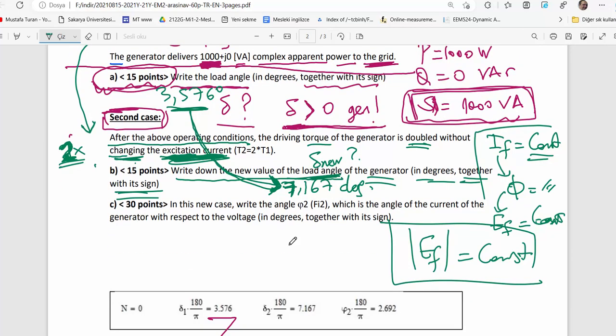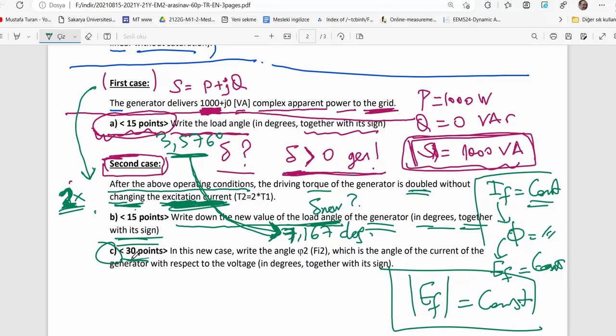Now we have calculated this, and as a third question, the most difficult one, 30 points. In this new case, that is the second case, write the angle phi 2, which is the angle of the current with respect to voltage.